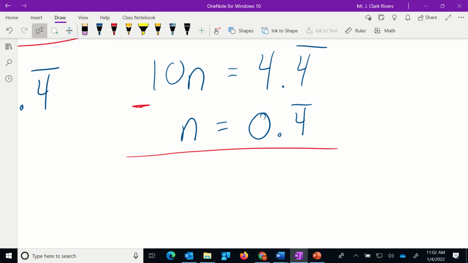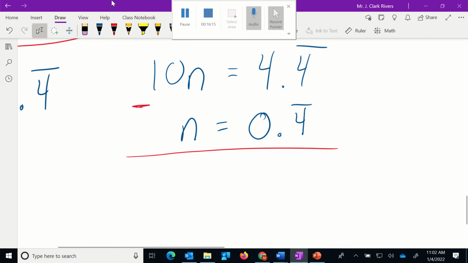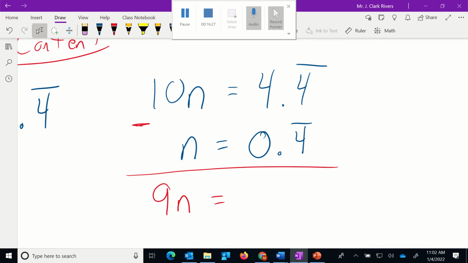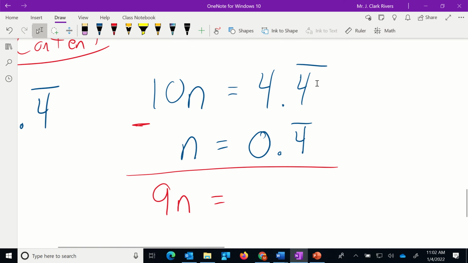Kyle, what do you think? 10n minus n. What's 10 minus 1? 9, right? So 10n minus 1n is 9n equals, okay, now, look at this decimal. To the right of it, we have 0.4 repeating. Look at this decimal. To the right of it, we have 0.4 repeating. When we subtract these, what is that going to become?